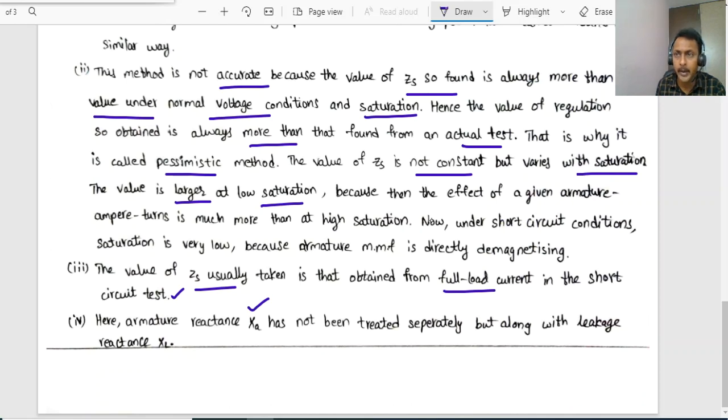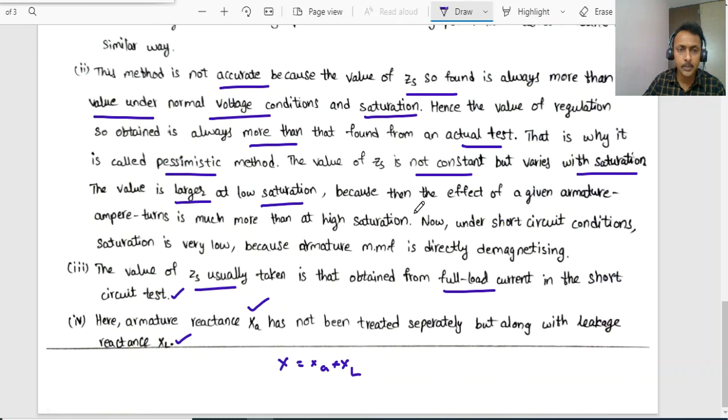It has been combined along with the leakage reactance. The total reactance X is the sum of XA plus XL. We have not separated the armature reactance and the leakage reactance; we have considered the overall reactance. So these are some of the drawbacks in this method.